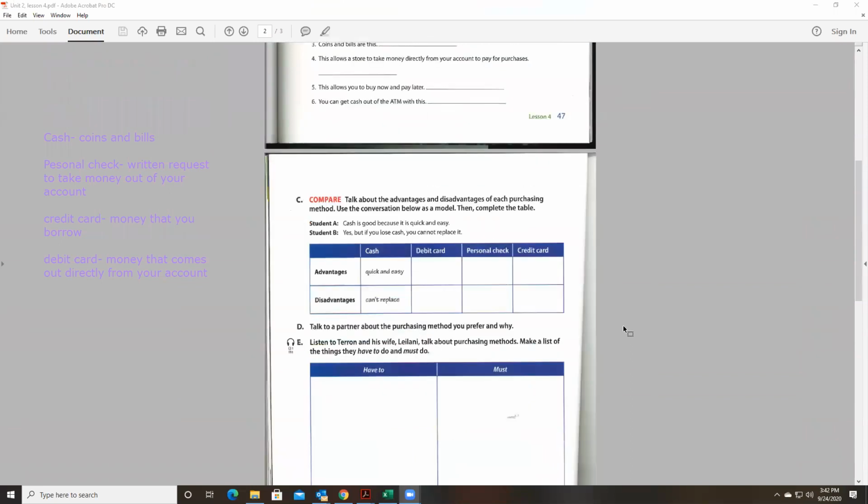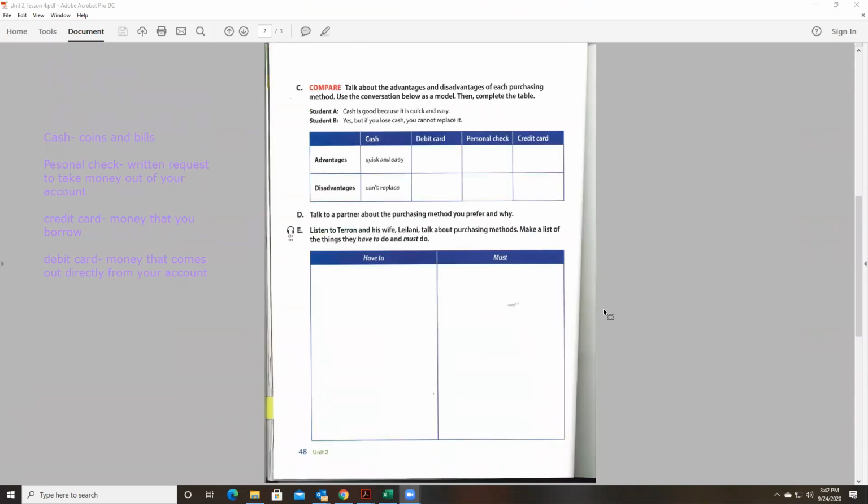Okay, so now let's look at C. It says, talk about the advantages and disadvantages of each purchasing method. Use the conversation below as a model, then complete the table. Okay, so we are actually not going to, okay, since you don't have a partner, this is going to be kind of difficult.